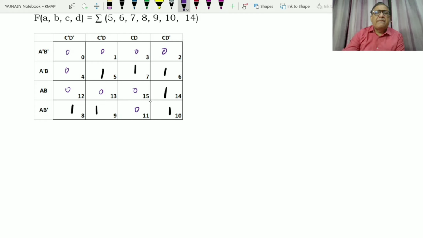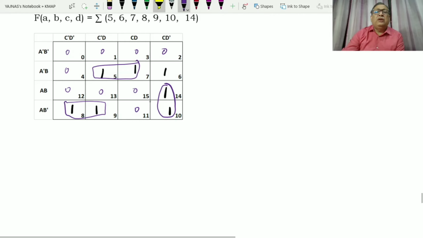So 4 pairs. First pair is this. Second pair is this. Third pair is this. And for the fourth pair, we can take either 6, 7 or 6, 14.